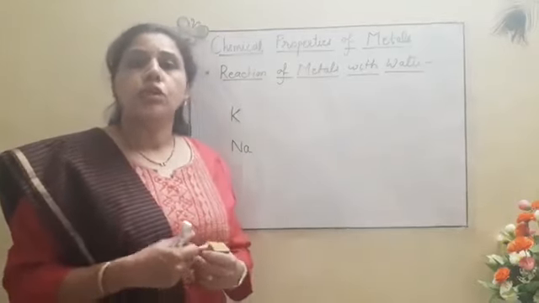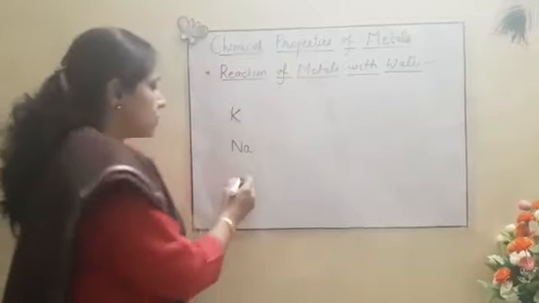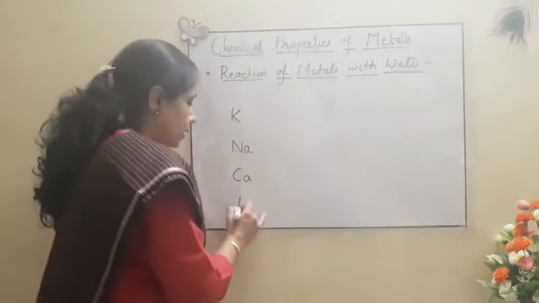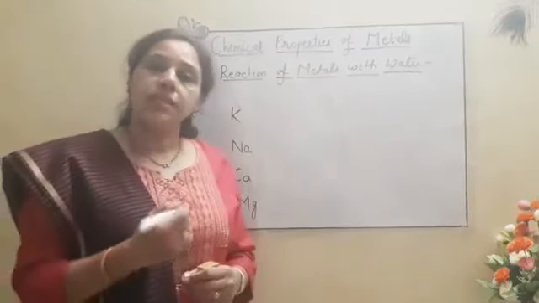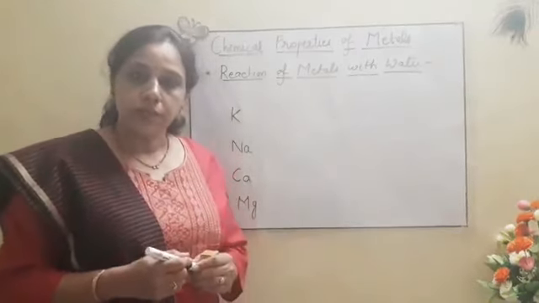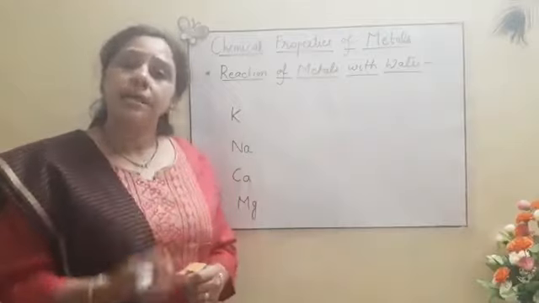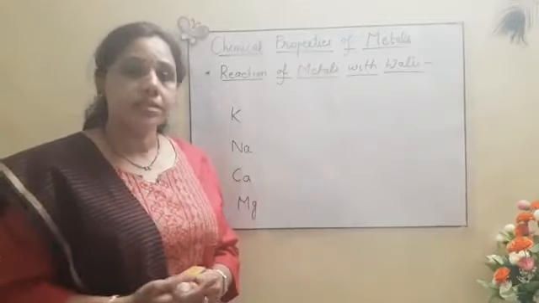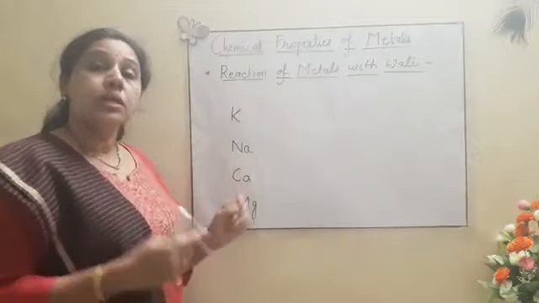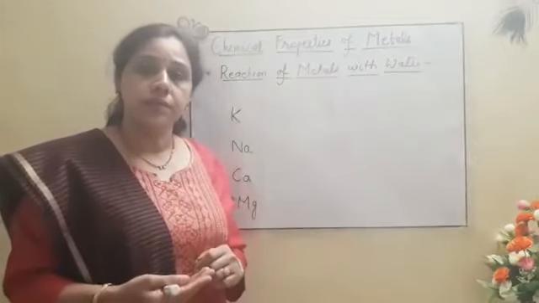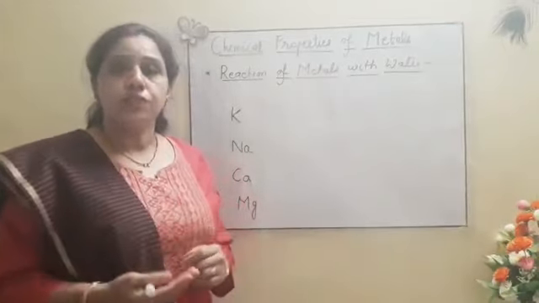But this thing is not observed in case of calcium and magnesium. In case of calcium, it reacts even with cold water, but the reaction is not that exothermic and vigorous as in case of potassium and sodium. So the hydrogen gas that is evolved does not catch fire.